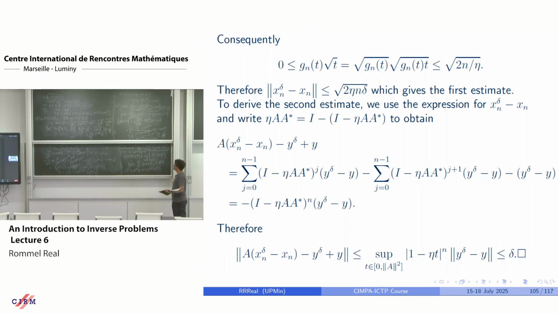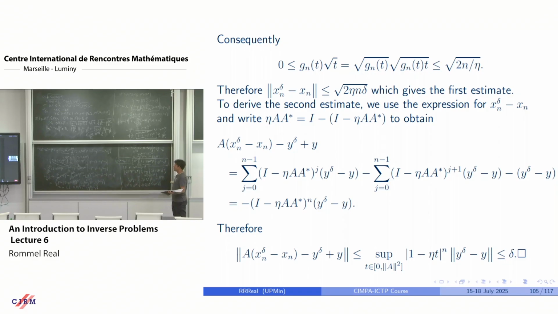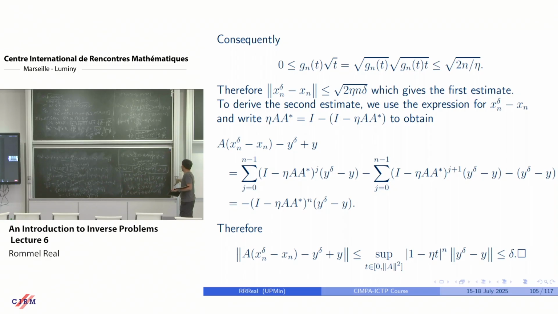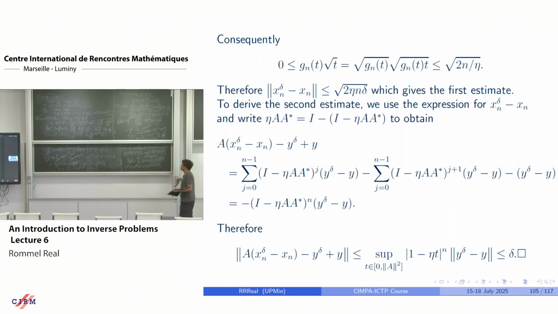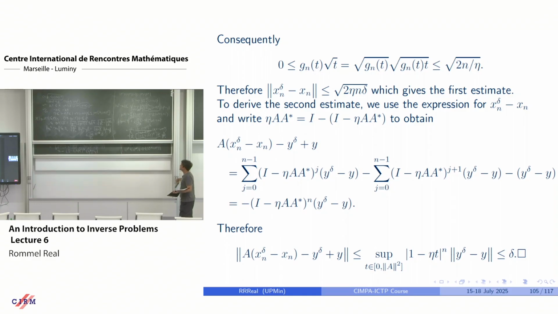And then by that one, we can take the norm on both sides. Then we will get that one over there, which can be directly obtained. So let's finish it.